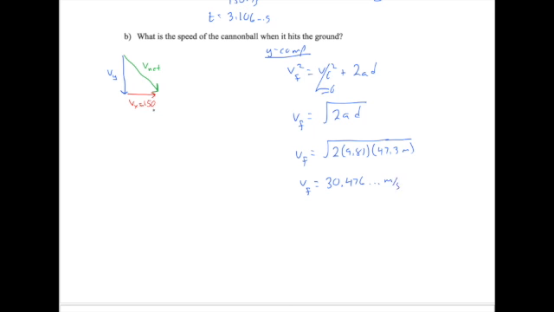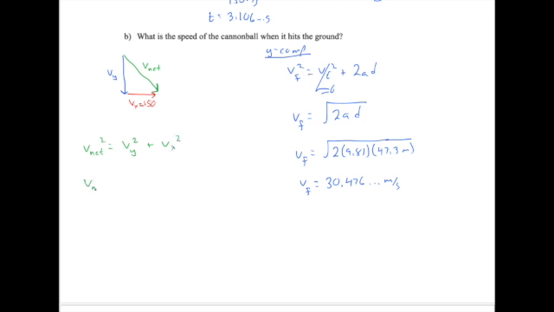But don't forget, we still need to combine that with the vx, which in this case turns out to be a much bigger part of the overall. That's 150 to 30, but both do matter for this one. So to come up with the velocity of the net vector here, what I can do is just use Pythagoras' theorem, and so my v net squared is equal to vy squared plus vx squared.